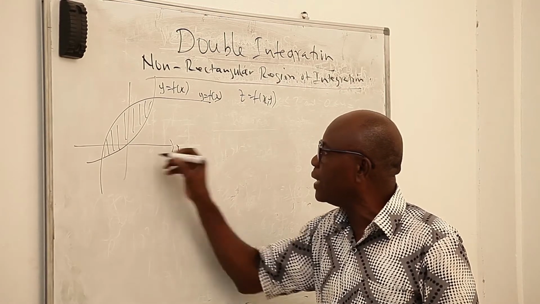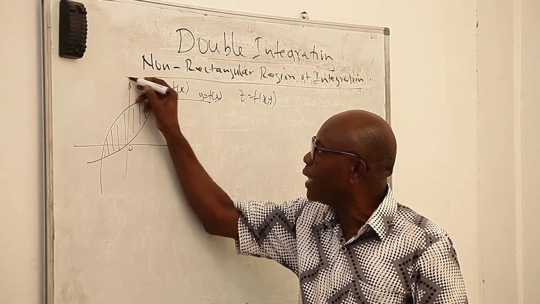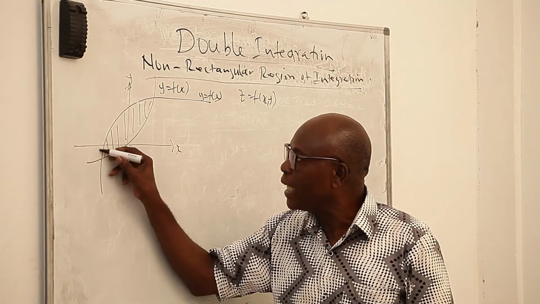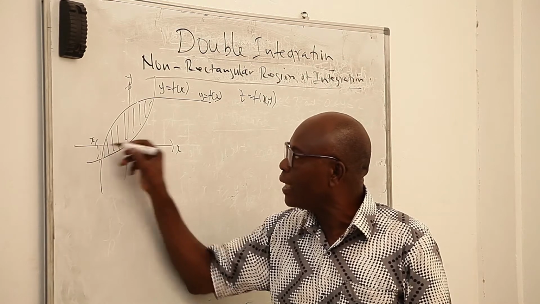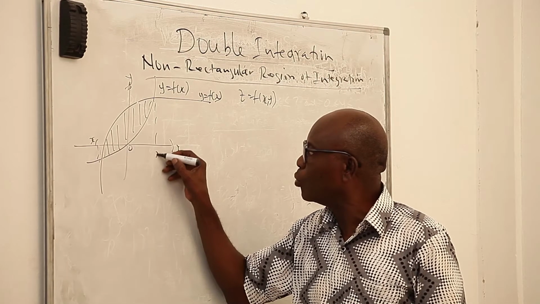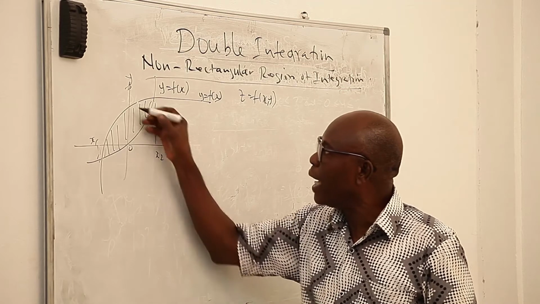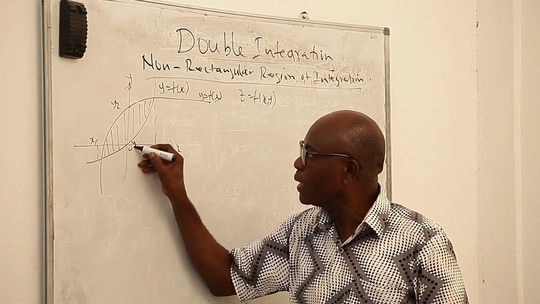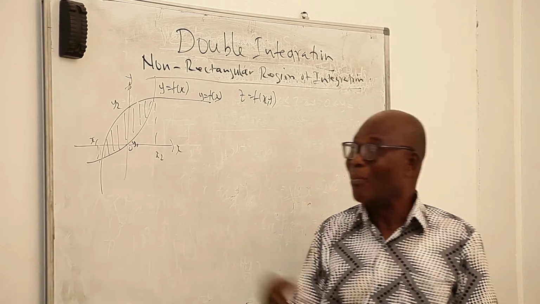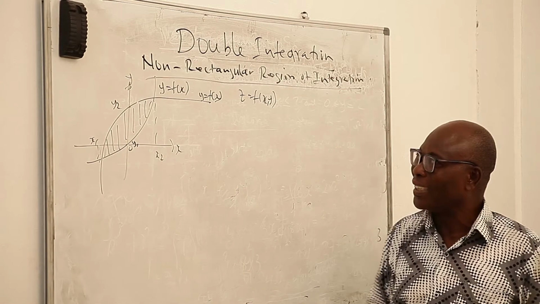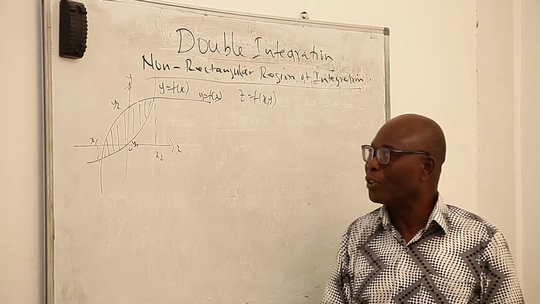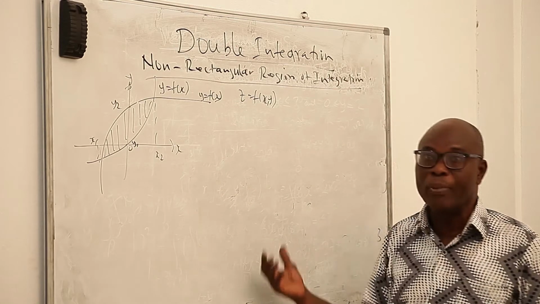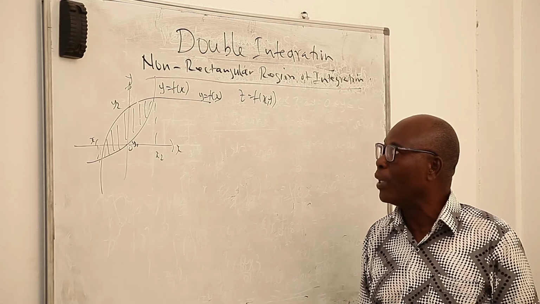This is the x-axis, 0, y-axis. These two curves will meet at x1, this is x2, and then we'll have y2, and this is y1. In my drawing, y1 falls at 0, the origin, but it could be any other point.